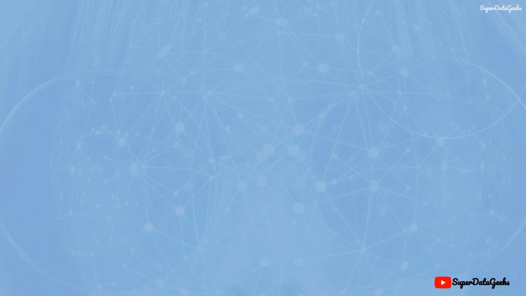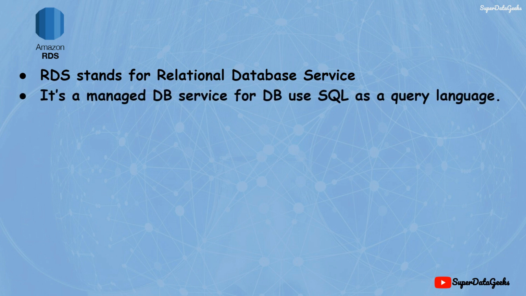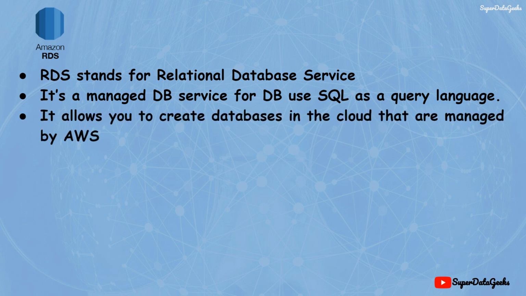The next service is Amazon RDS. RDS stands for Relational Database Service, and it is a managed DB service that uses SQL as a query language. So it is basically a SQL database service, and you don't need to set up your own database on an EC2 instance. It is an easy way to create your own database because AWS provides it as a service.